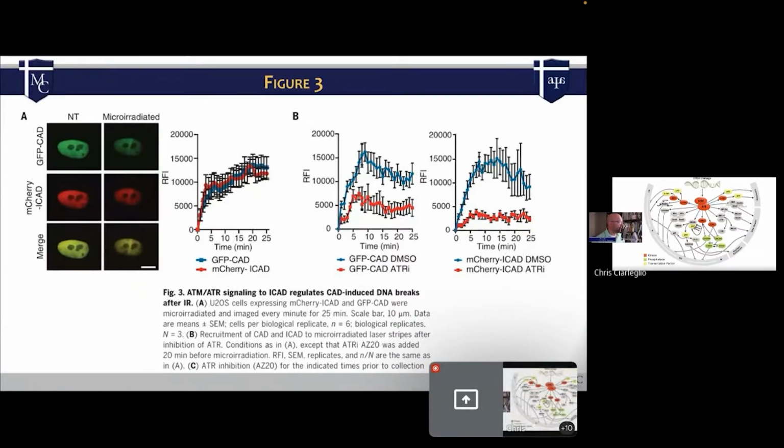When you have DNA damage, that DNA damage activates ATM, which is a protein, which itself associates with and activates ATR, which then has this huge cascading effect.